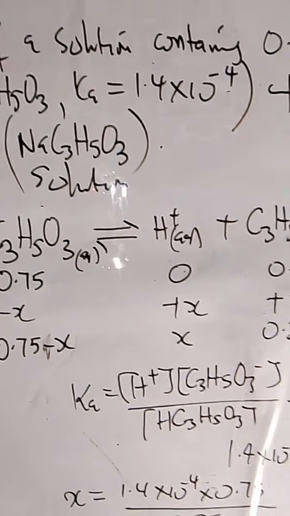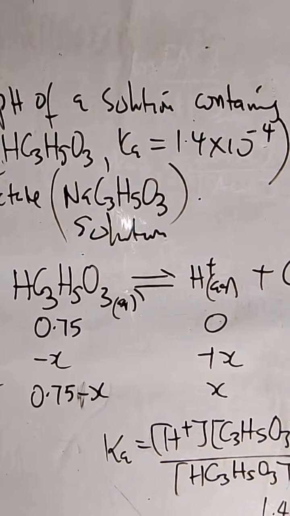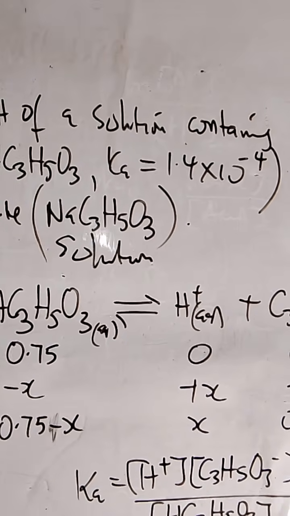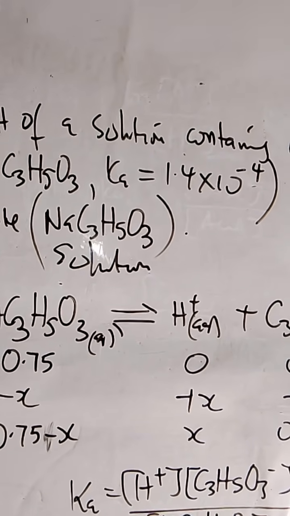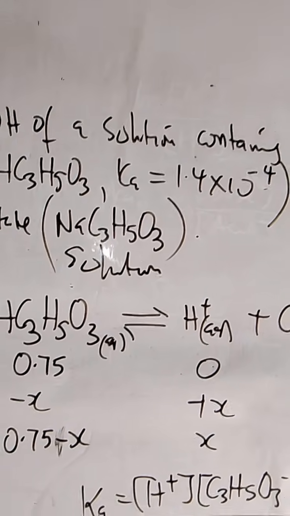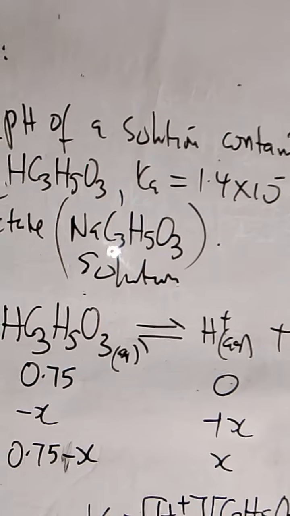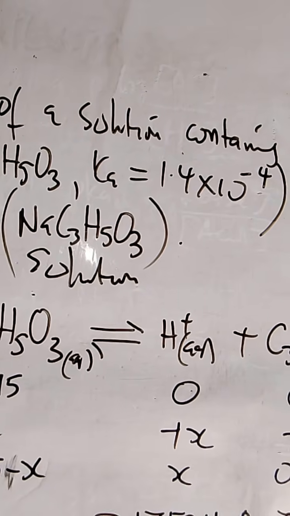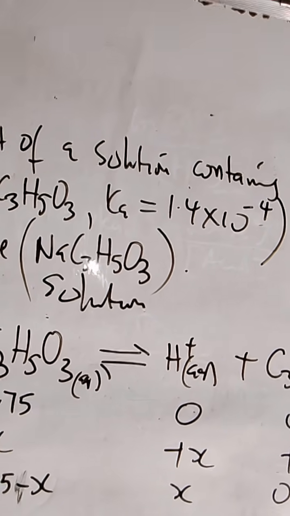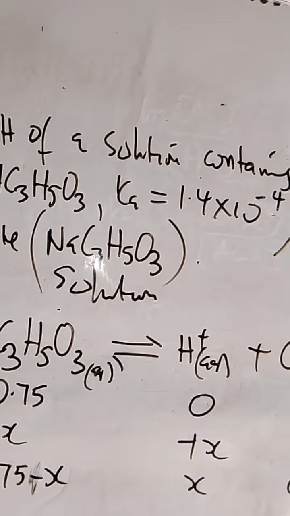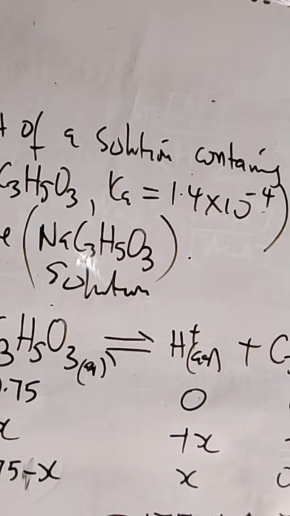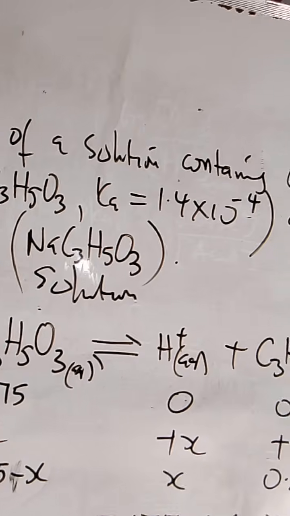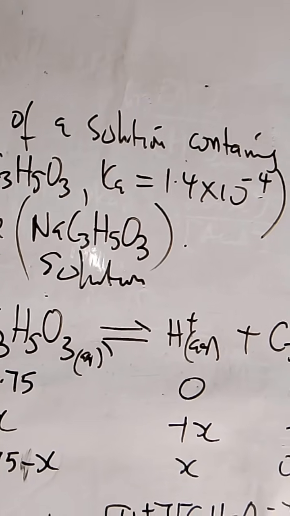In the next lecture we are going to calculate the pH of a basic buffer. A buffered solution can also contain, let's say, ammonia and its ammonium, a weak base and its salt.